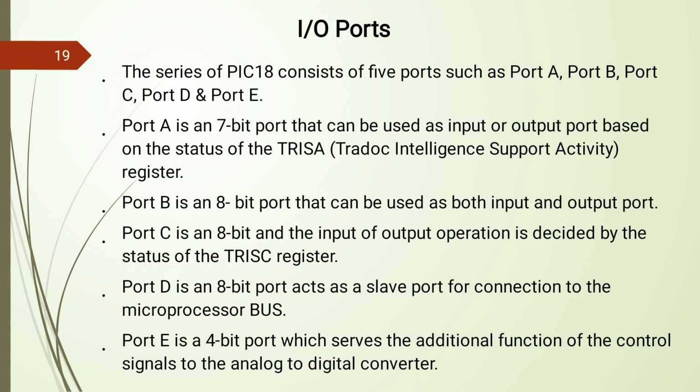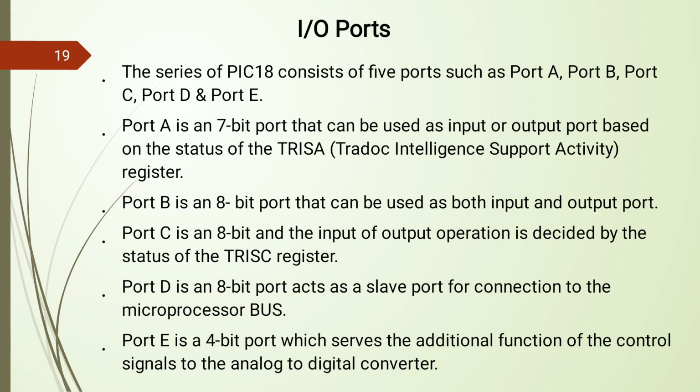These pins are configured as input or output with the help of the data direction register, which is called the TRIS register. So TRISA, TRISB, TRISC, TRISD and TRISE registers are used. So this is related to port A, and similar for the next ports.